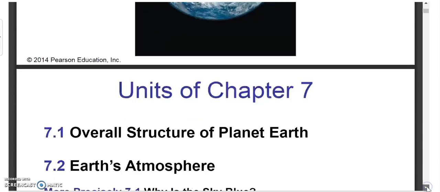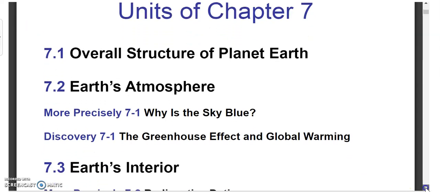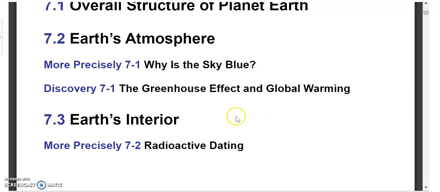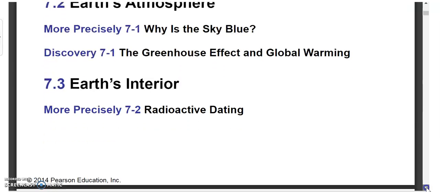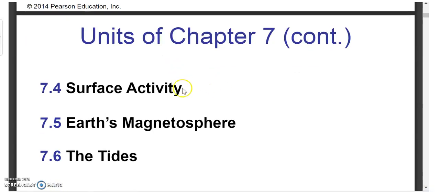All right, so these are the things that we're going to talk about: the structure, the atmosphere, greenhouse gases, the interior of the Earth, a little bit about the age of the Earth using radioactive decay, some surface activity, the volcanic activity, earthquakes, things like that.